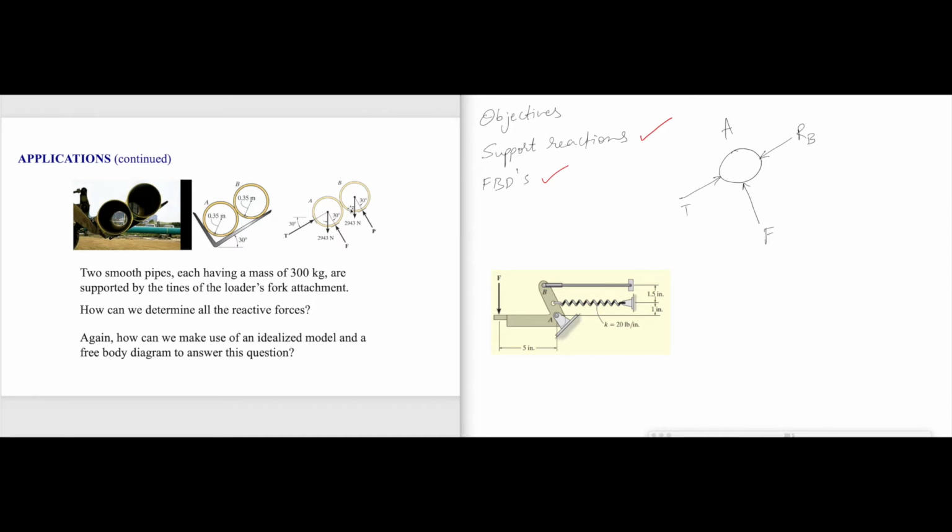Obviously, we should also draw the weight, whatever is the weight, W.